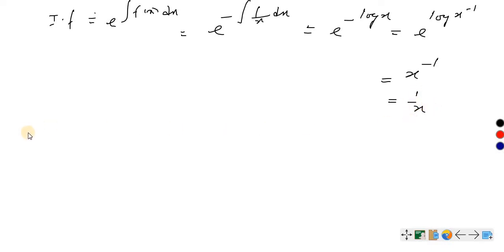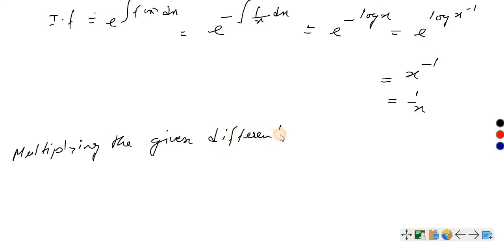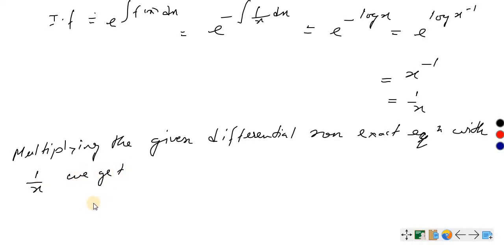So multiplying the given differential non-exact equation with 1 by x, if we multiply, we are going to get 2y by x dx plus 2 log x minus y dy is equal to 0.